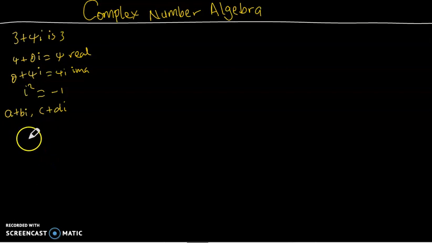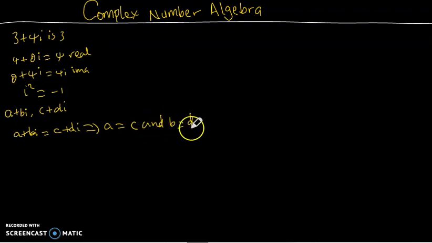So what we mean is that a plus bi is equal to c plus di. Of course, this will imply that a is equal to c, and it also implies that b is equal to d.